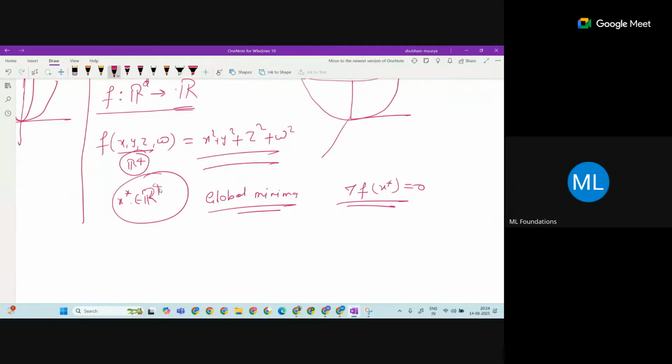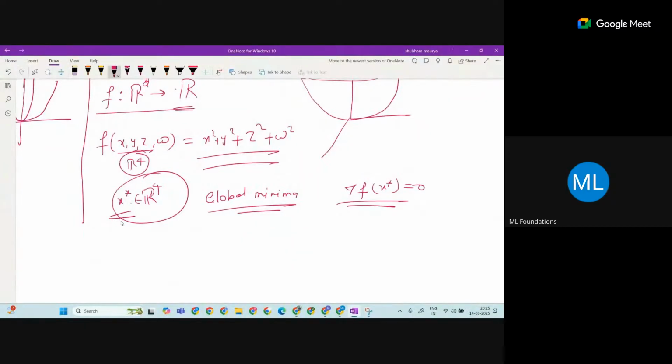Many times you have done maxima and minima of multivariate functions. How did you used to do it? You used to set the gradient equal to 0, and using that you found the critical point, which is x star. Then you checked whether your matrix is positive definite.